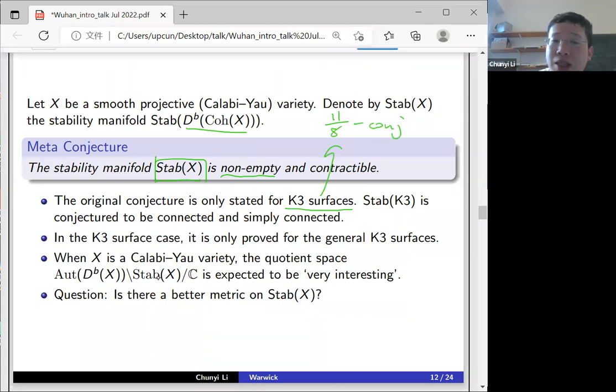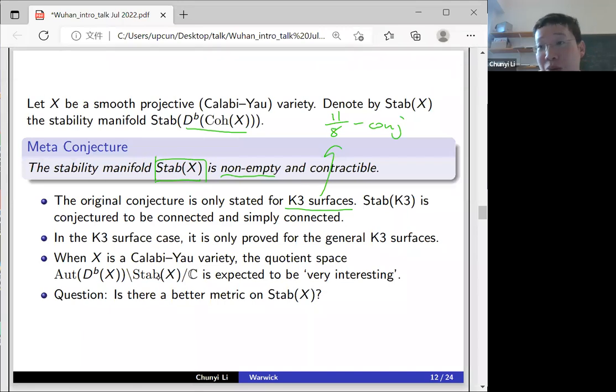Topologically they are all the same K3 surface, but we have a complex structure, so we may have different complex structures on them. And Stab K3 is conjectured to be connected and simply connected. That's not only out of curiosity, something nice to conjecture, but this result also has some very interesting corollaries. We will see them pretty soon in the next few slides.